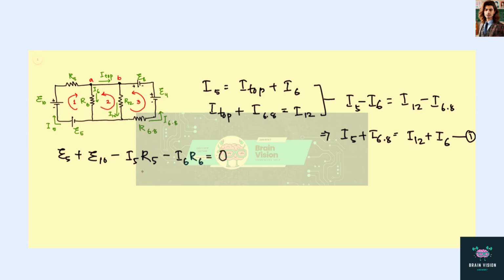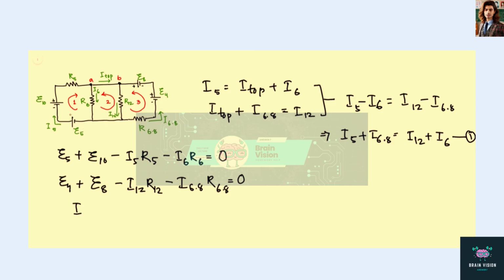And for current, if you're going along the direction of current, there should be a negative sign before that, and if you're going opposite to the direction of current, then there should be a positive sign for that. So those are the simple rules, and I have applied them, and you can check them if they are correct.